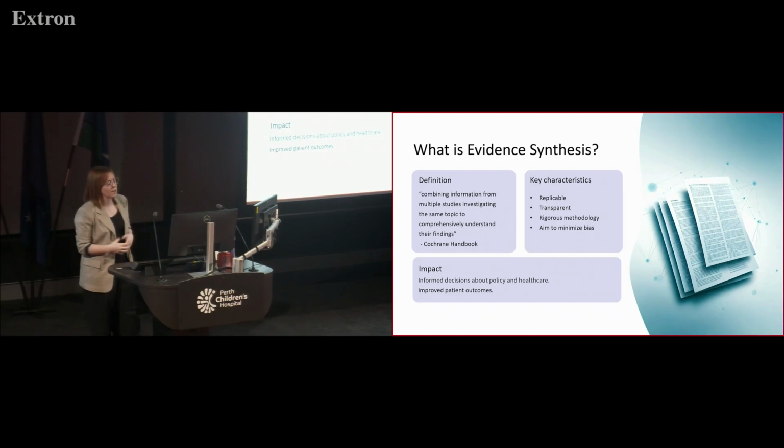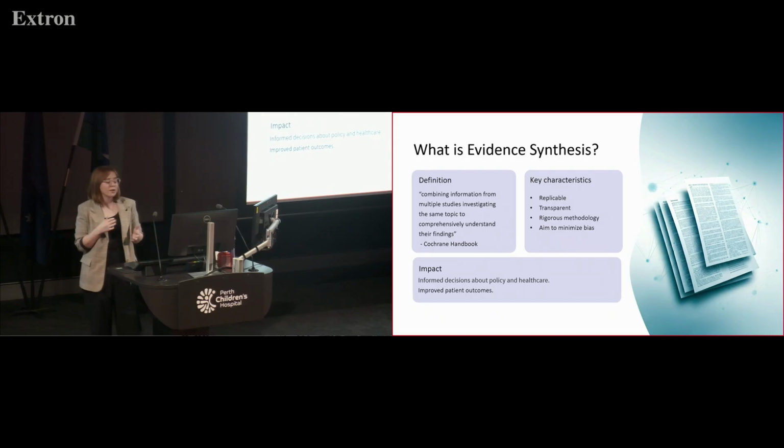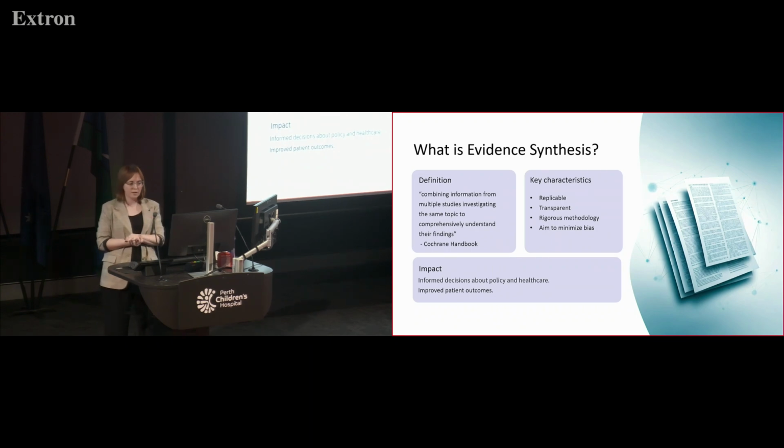So basically, what we're talking about are studies that have pulled together, analysed and comprehensively summarised all of the relevant evidence for a specific topic from a body of research. The key characteristics of an evidence synthesis are that they are replicable, they're transparent in their methods, they follow a rigorous methodology, and they aim to minimise bias by using explicit systematic methods documented in advance with a protocol.